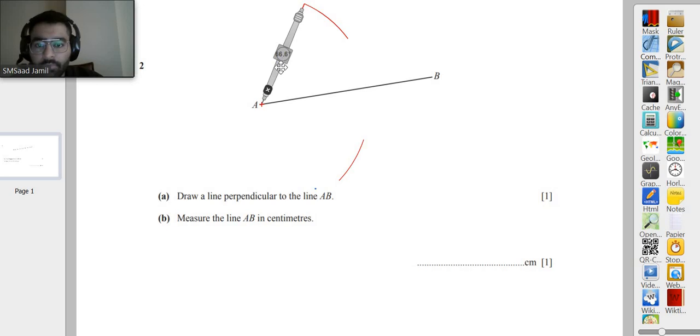Now we will move this and place it over here on B, and again make another arc. Alright, and we will make it like this. We'll bring it down over here and make another arc like this.